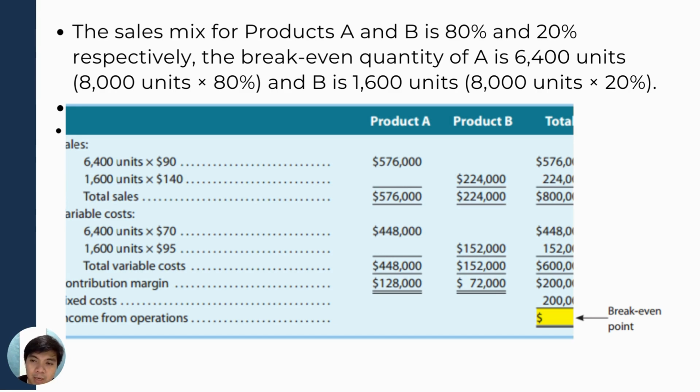Same with product B, the total is 1,600 units. We just multiply the 8,000 units by 20%. In the exhibit, as you can see, the preceding break-even analysis is verified.